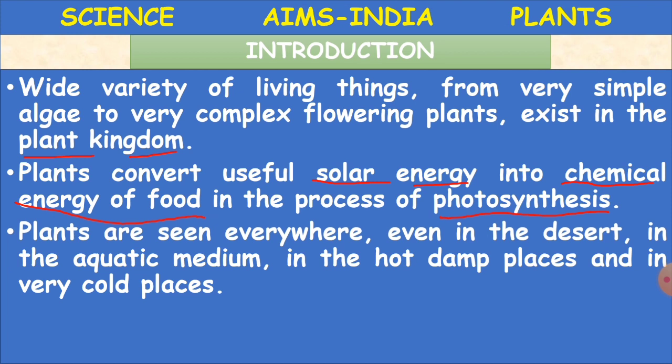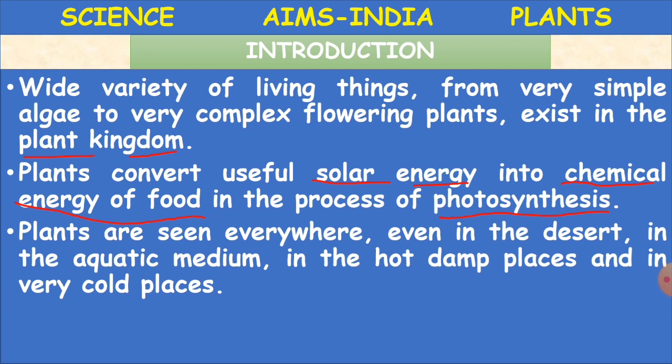So we can see plants in every such type of area, but they may be different from one area to another. One type of land area gets some type of plants, whereas another type of land area gets other types of plants. So we'll be learning about that here.